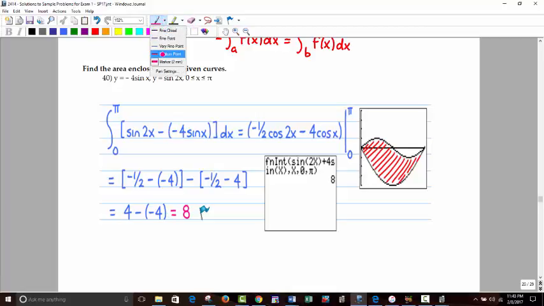But then the antiderivative of that positive sine is negative cosine. So even though that changes to plus here, the antiderivative will make it go back to negative. And you just plug in pi, plug in 0, and we end up with 8 as our answer.